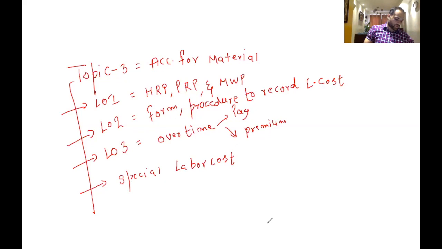Some kinds of cost, make sure you watch the previous topic. So I give a quick glance, like shift premium, pension, bonus, vacations, holidays, right? So we also call it fringe benefits, all right?